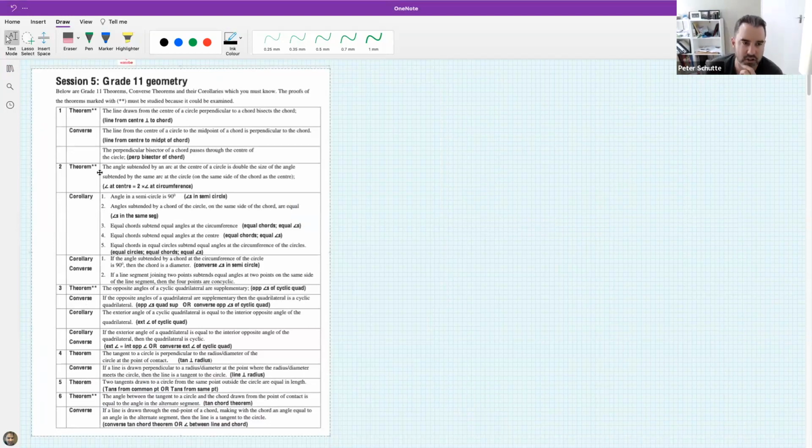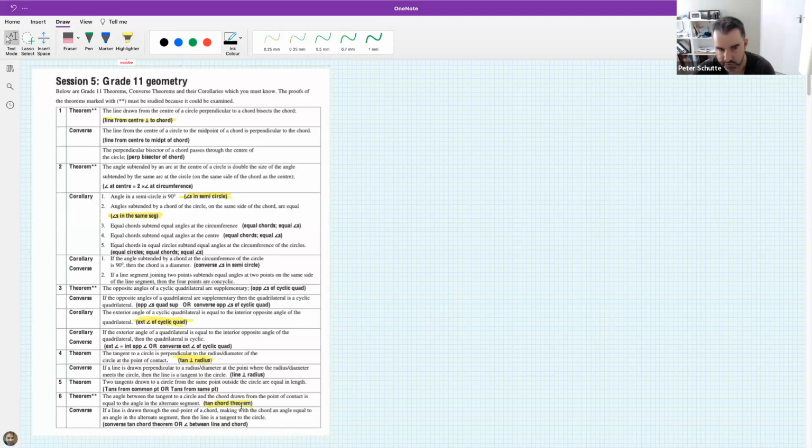You can see lots of these we've been using for a while, so they'll look familiar: angles in the same segment, angles in a semicircle, line from center perpendicular to chord, exterior angle of a cyclic quad, tan radius theorem, tan chord theorem.